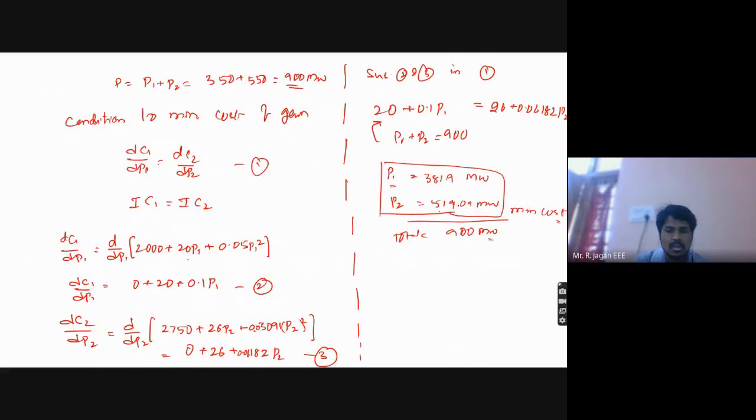That is the total cost after the load scheduling. Do it, ma. Is it clear? What is the next step? Sir, repeat once again. Here after scheduling we got two power values P1 and P2, correct?